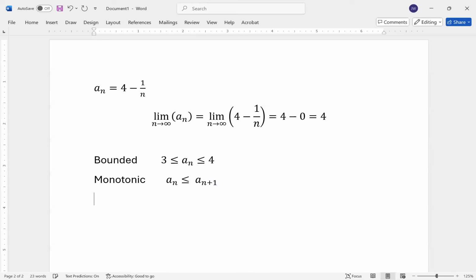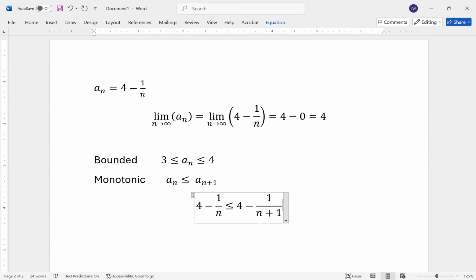And that's just a matter of simple algebra, because 4 minus 1 over n is always going to be less than or equal to 4 minus 1 over n plus 1.